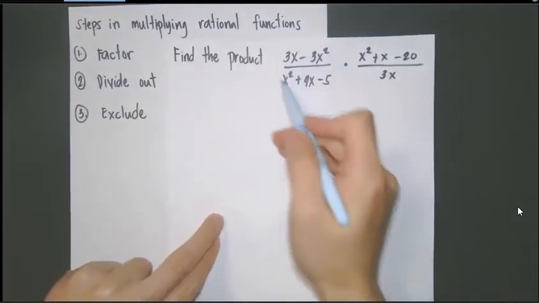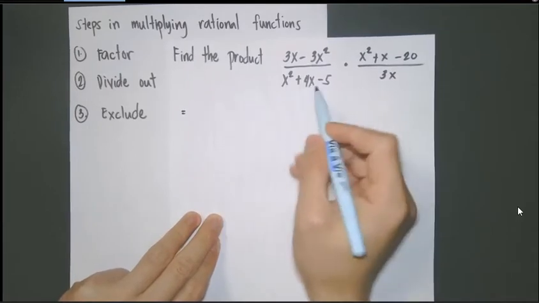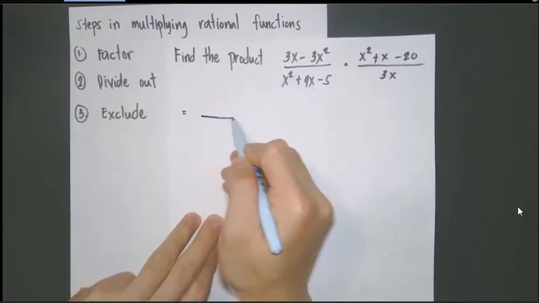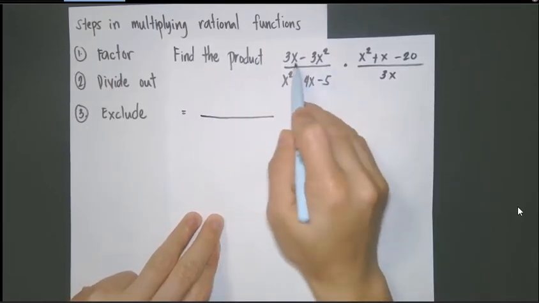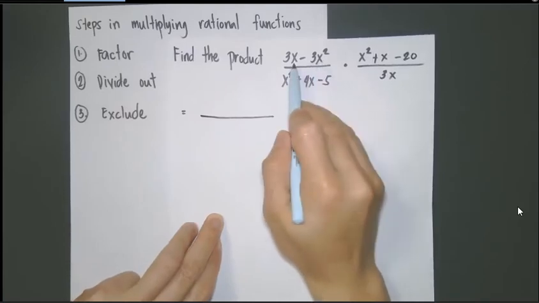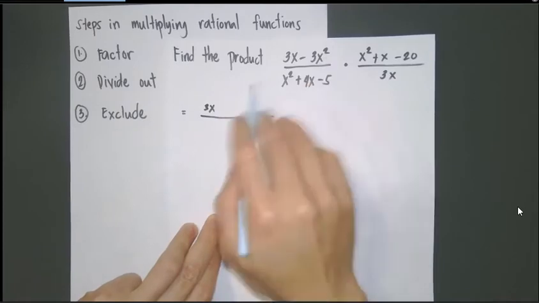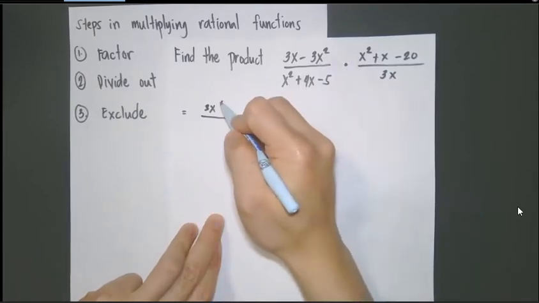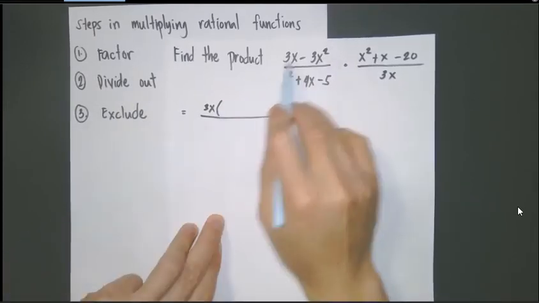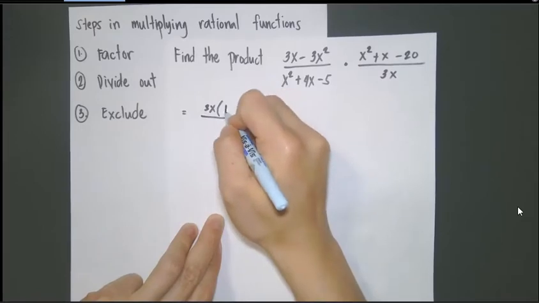So let's factor out this first. 3x minus 3x squared, the common factor of both terms is 3x. They're both divisible by 3x. So 3x divided by 3x will give us 1.